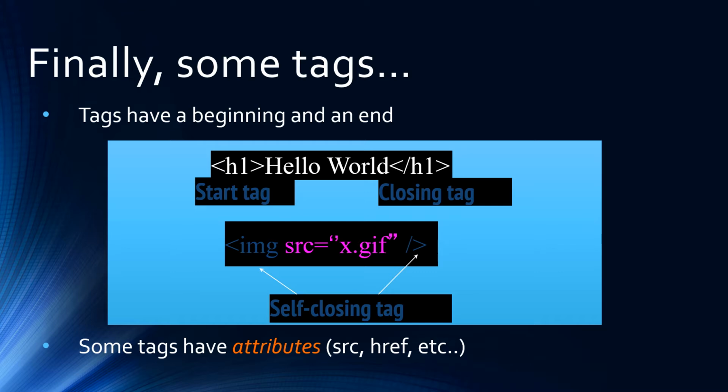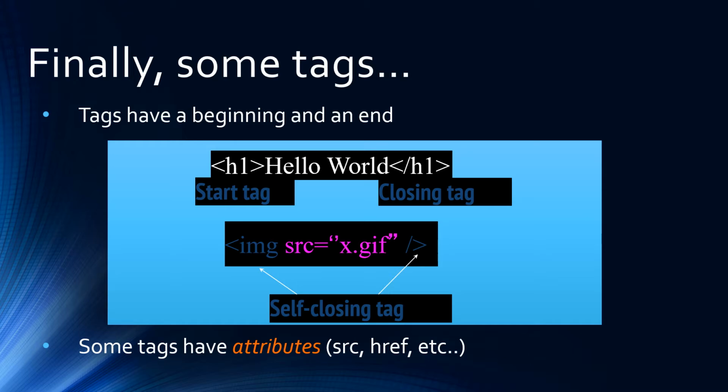And since there's no real text associated with the image, at least at this point, or any that you want to show on this screen, it's going to close itself. So while every tag has a beginning and an end, some do close differently.